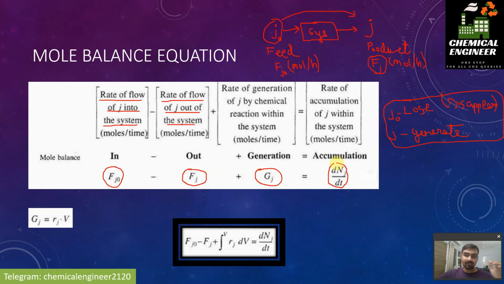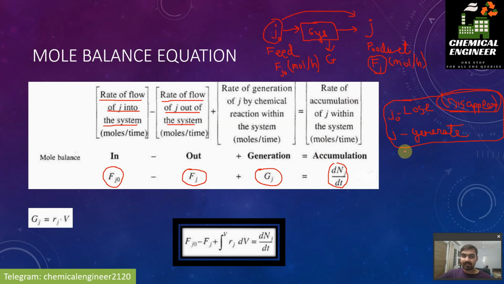So going in minus coming out plus generation. Here something is generating. So inlet minus outlet plus generation is equal to accumulation. Accumulation means this term, disappearance. Is it clear? It is a simple mass balance equation.